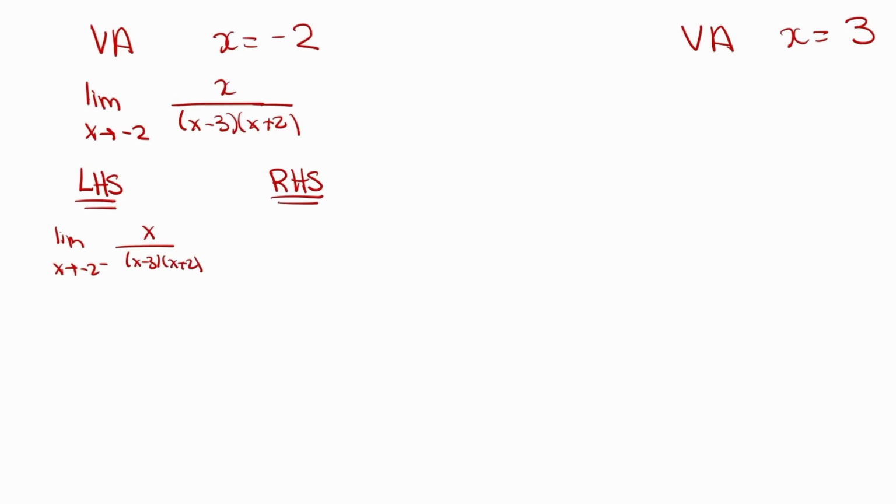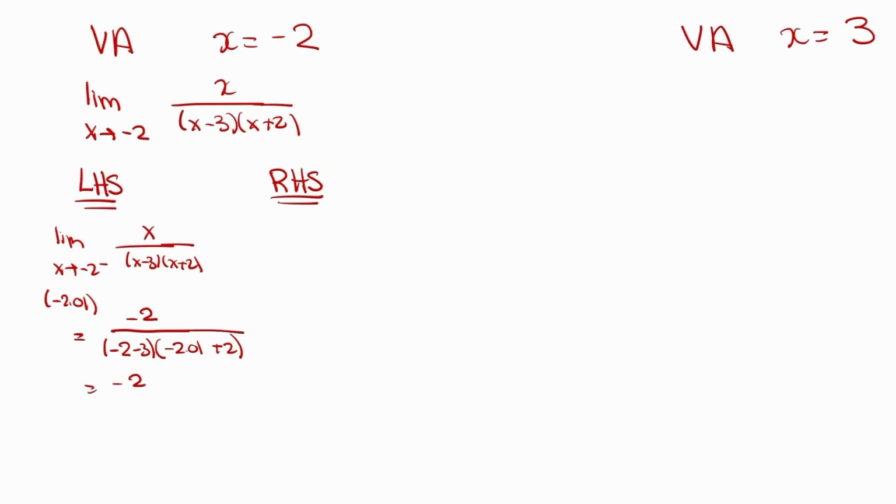So the limit as x approaches -2 from the left-hand side of x over (x minus 3)(x plus 2). Let's pick a value that's really close to -2 from that left-hand side, and let's use -2.01. So again, we're just going to sub in. My x value here is -2, and on the bottom I have -2 minus 3 times -2.01 plus 2.